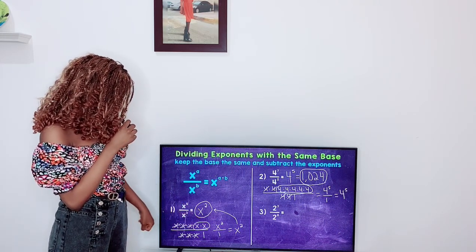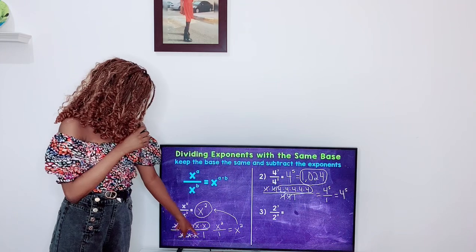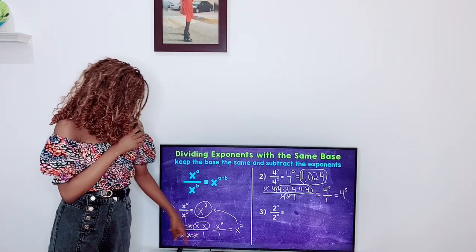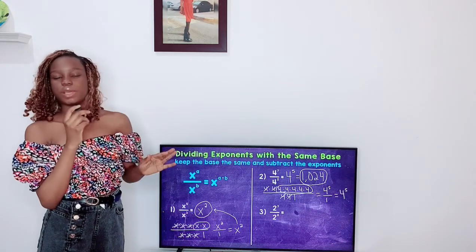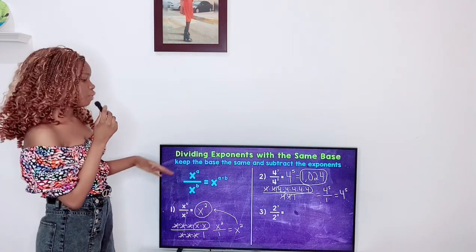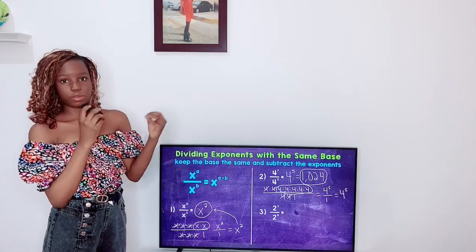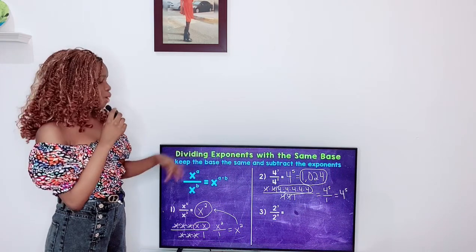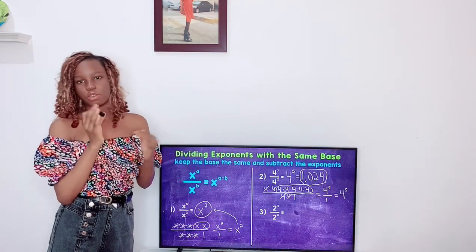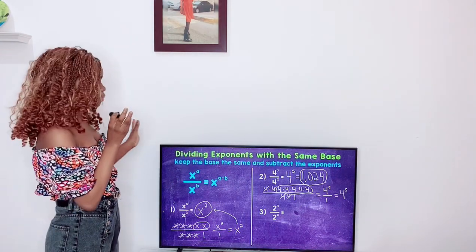X raised to the power of 3 is x times x times x. 1, 2, 3. Okay, so that's how to write it in expanded form. Obviously, you already know how to solve it, hopefully, but in number 2, I'm just going to solve it for you, and that's pretty much it.